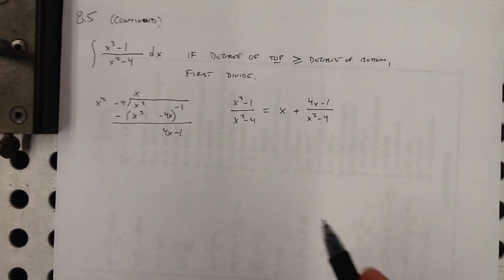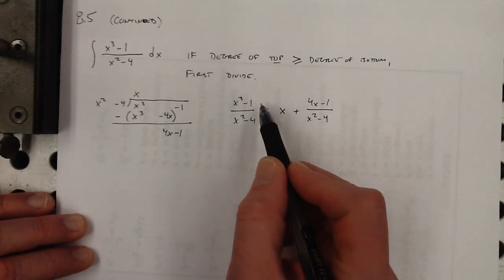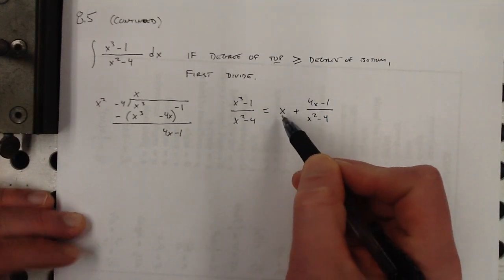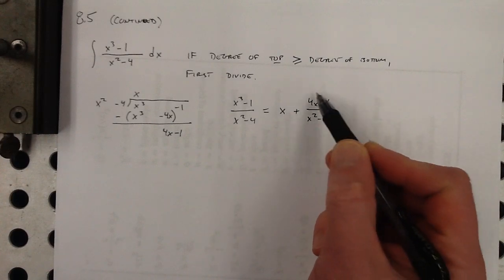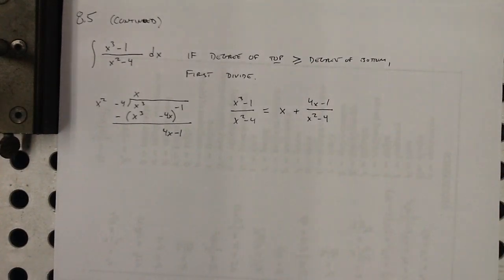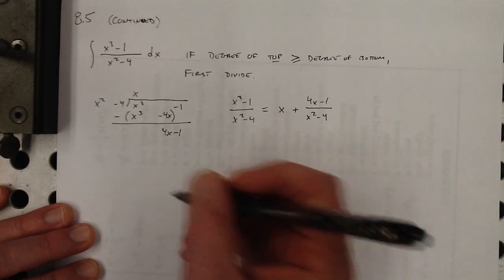But so why is it more advantageous for us now doing calculus to have it in this form? Because the antiderivative of x is just x squared over 2, and this is now susceptible to the partial fraction method of anti-differentiation. So let's go ahead and finish this problem then.